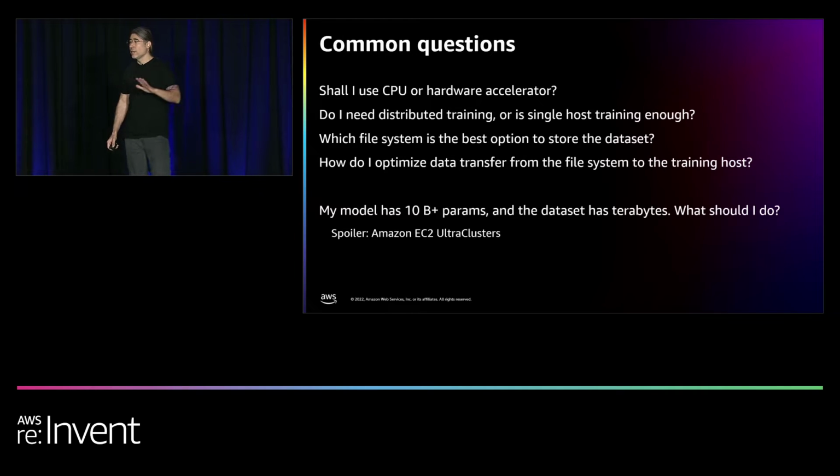Max will cover these more in the next slides, but basically an UltraCluster is a supercomputer inside your AWS account. By supercomputer, I mean, if you take a look at the number 1 or 2 supercomputers in the top 500 supercomputers, you can launch something even bigger than the ones in that list.